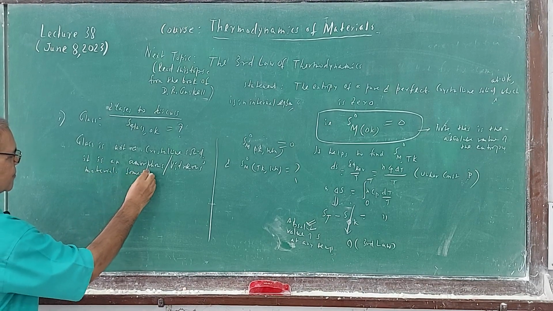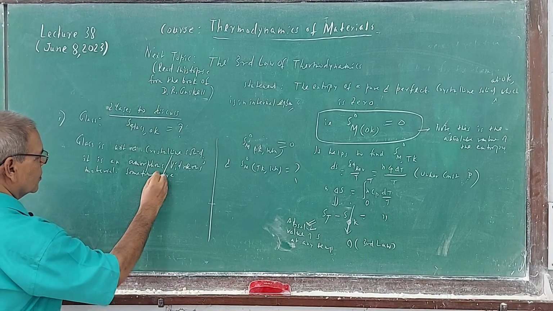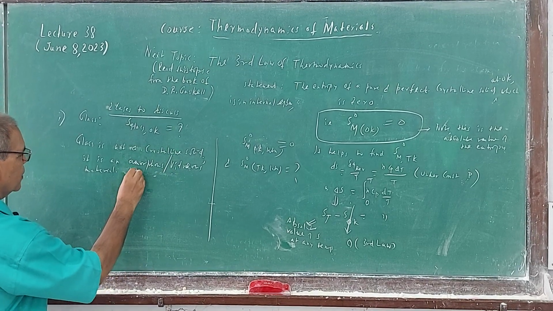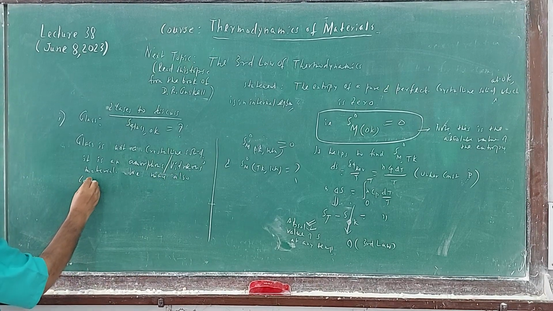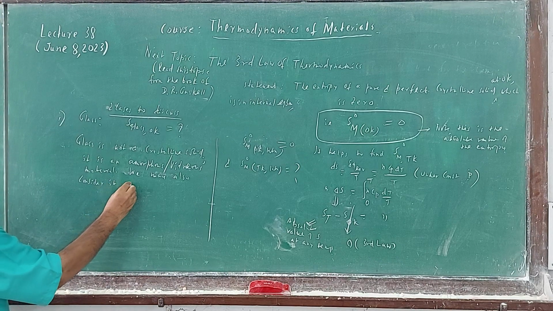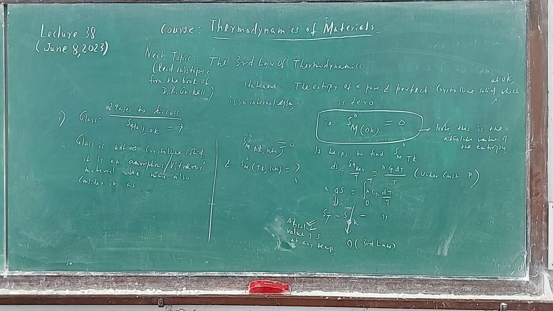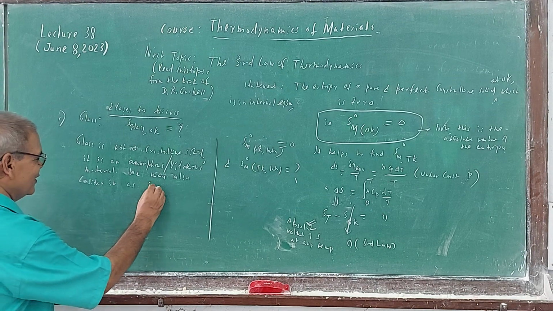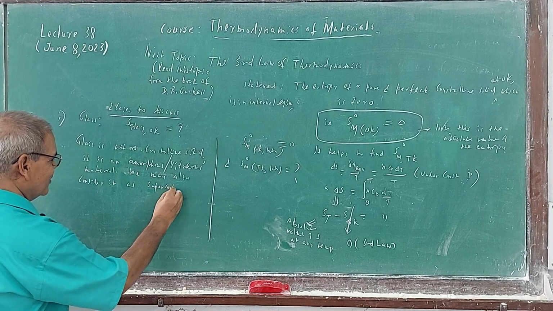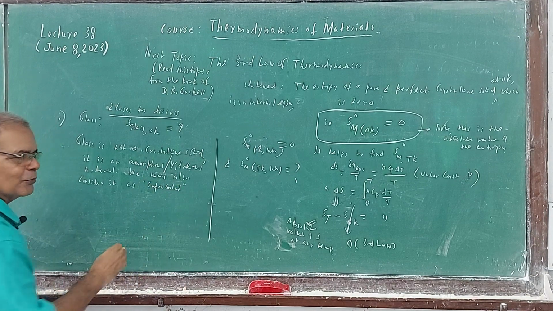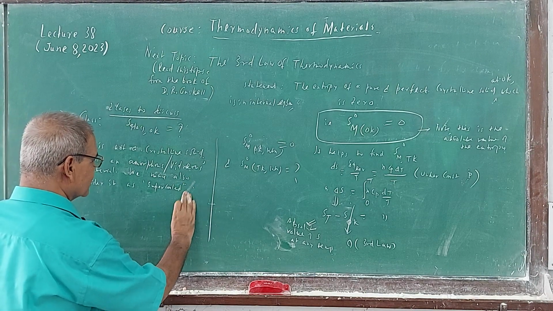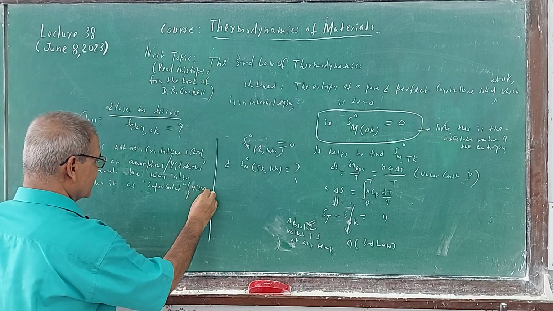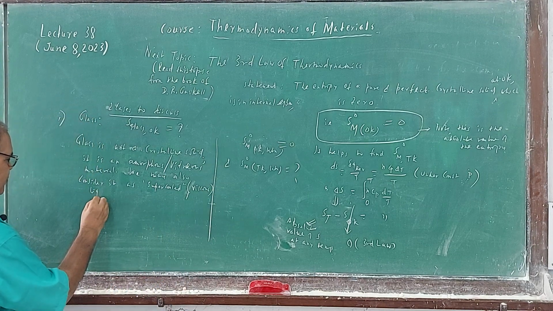We may also consider it as a supercooled liquid, viscous, supercooled. Supercooled means it is cooled below the melting point. Here there is no melting point, so it is a supercooled or viscous liquid.